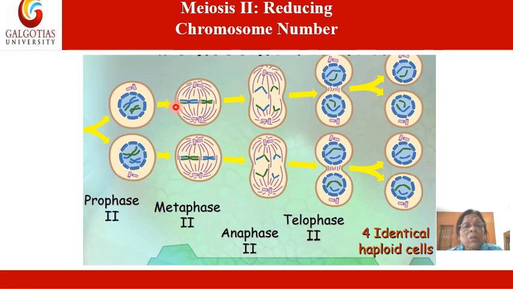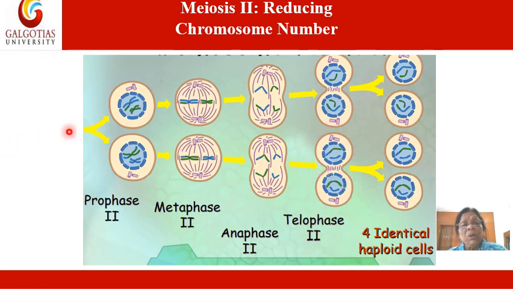The two chromatids were together and the cells had the 2n number; now they have separated, and the number becomes 1n, because the chromatids have separated and they form two different cells.